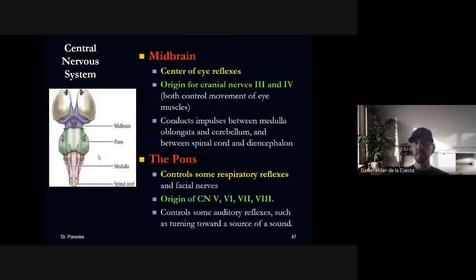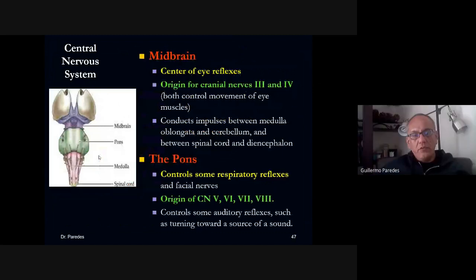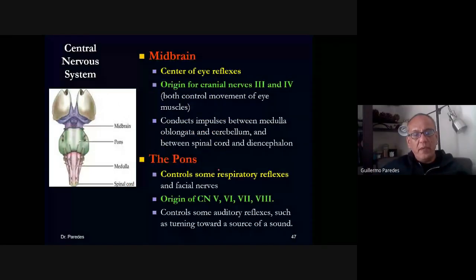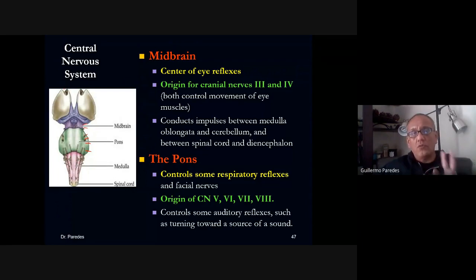Yes. Okay. So we have pons 5, 6, 7, 8, because 2, 3, 4 do not all start in the brainstem. Only one or two are going to start in different parts.